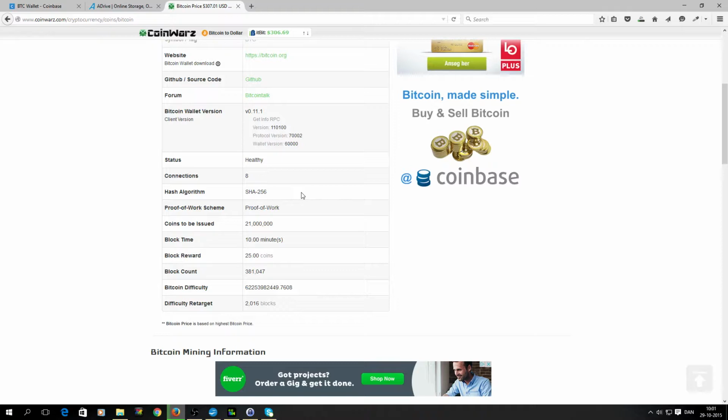For mining, a lot of hardware has been developed specifically to mine a certain algorithm.